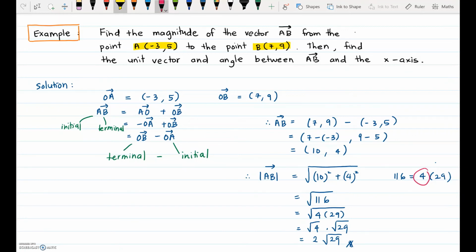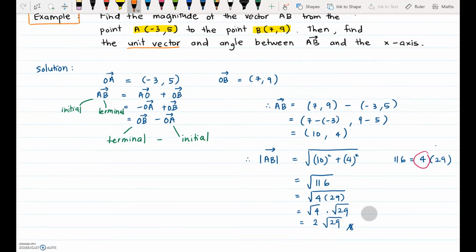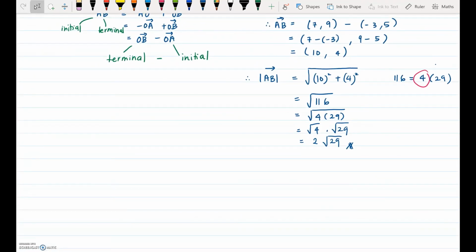Next we want to find the unit vector. To find the unit vector u hat, the formula is vector AB divided by the magnitude of AB.